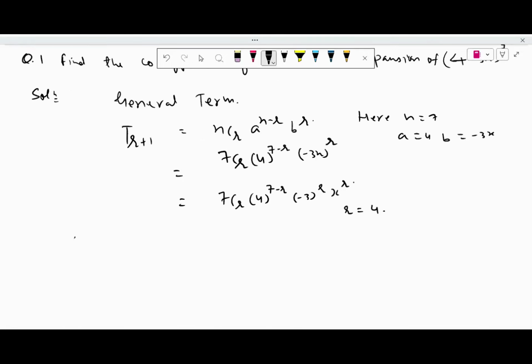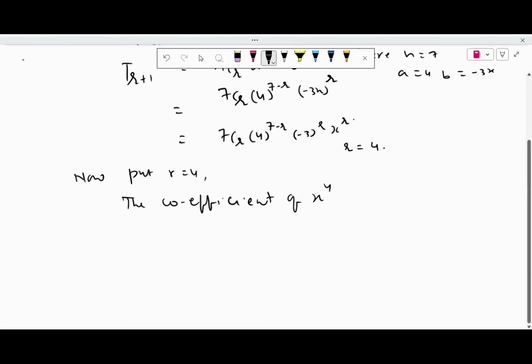Now put r equals 4. The coefficient of x to the power 4 will be 7C4, with 4 to the power 7 minus 4, and negative 3 to the power 4.